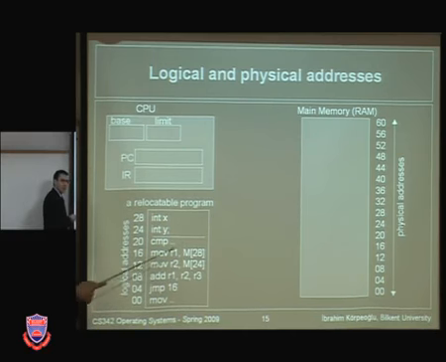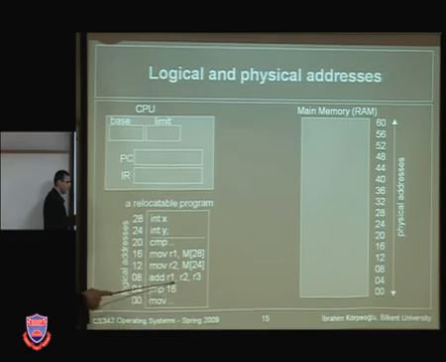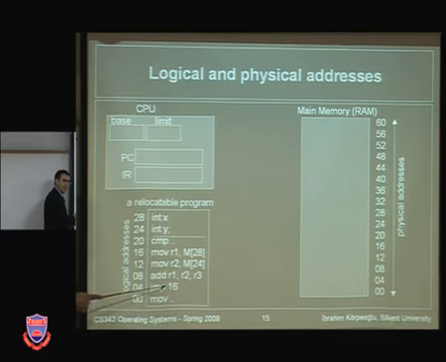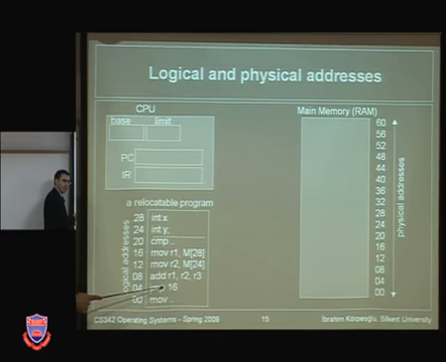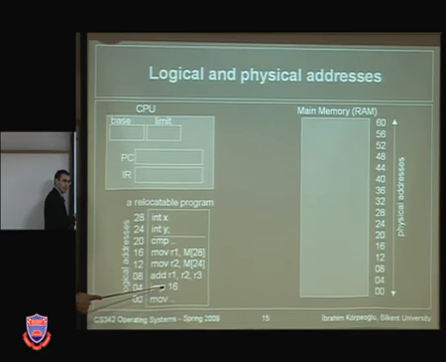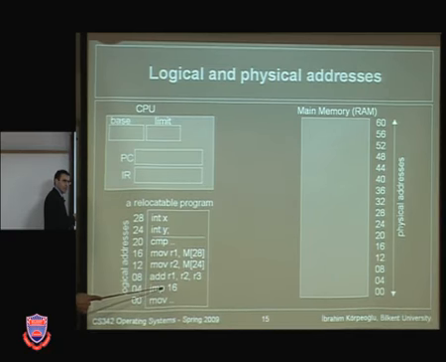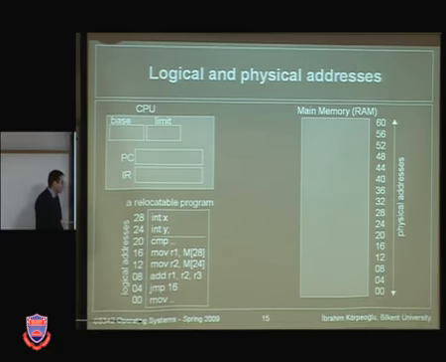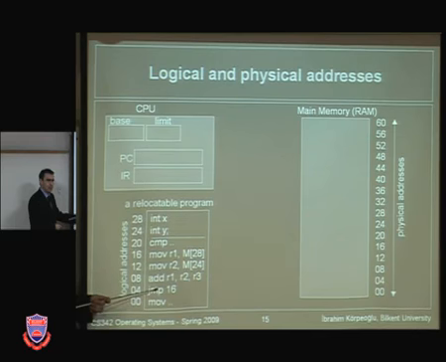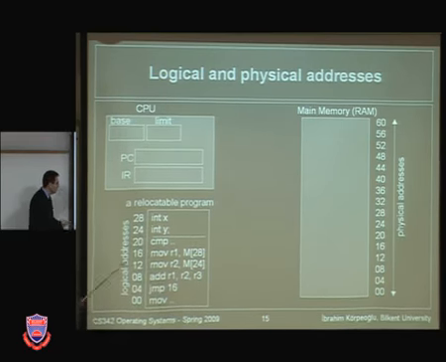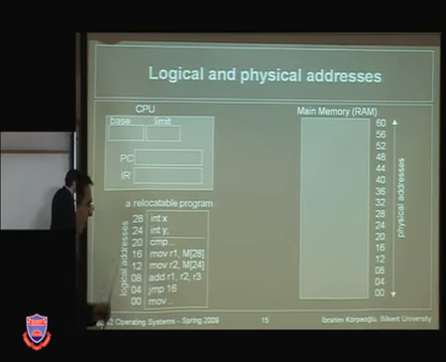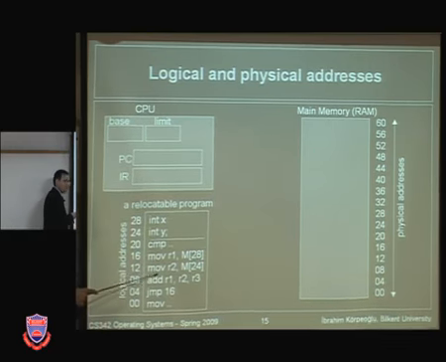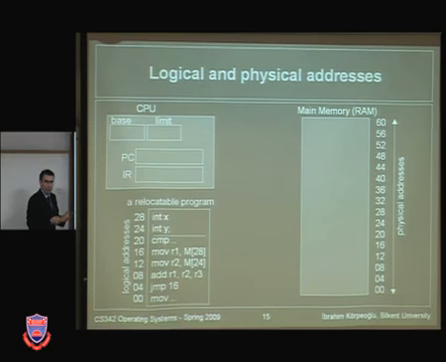Here we see a jump instruction, which has an immediate operand 16. What does it mean? You want to jump to address 16. Is it a logical address or physical address? Logical address 16. So what do you want to execute after the jump? Move. So we want to jump to that position in our code and continue execution from there.